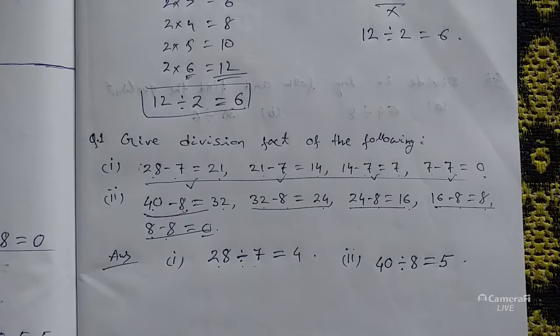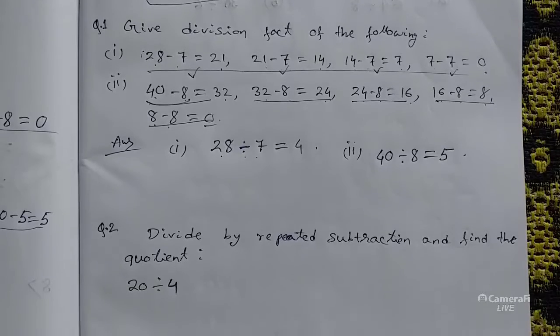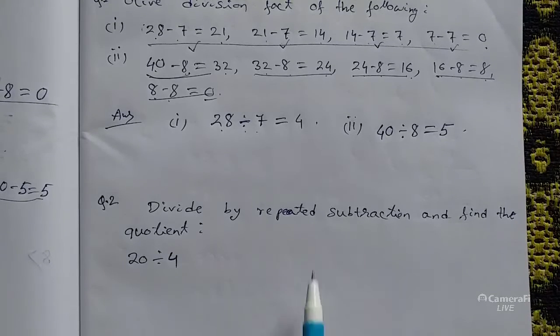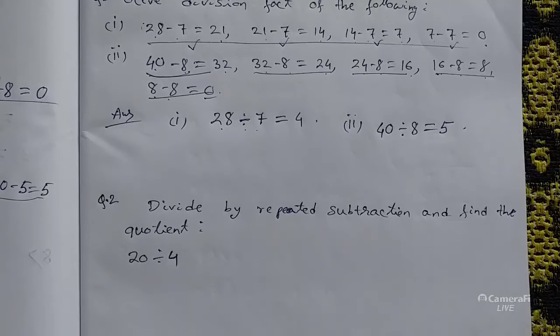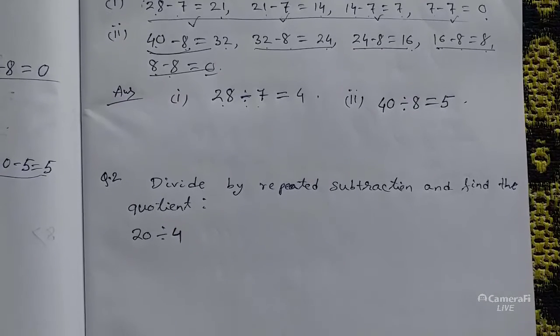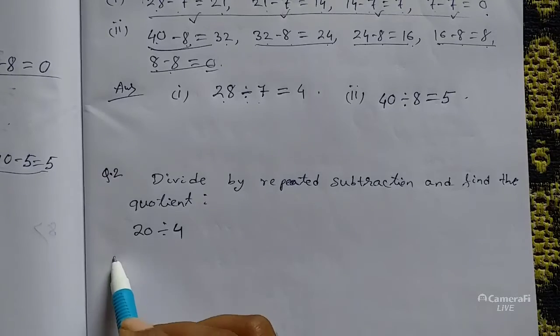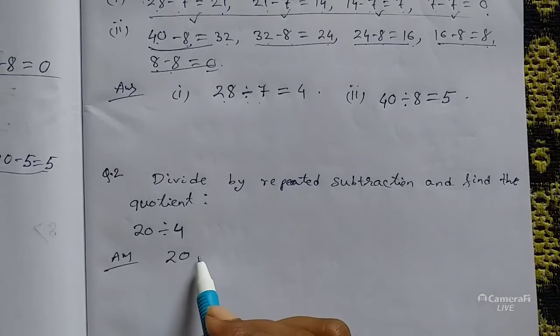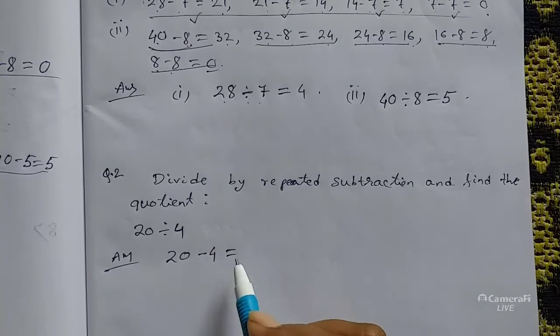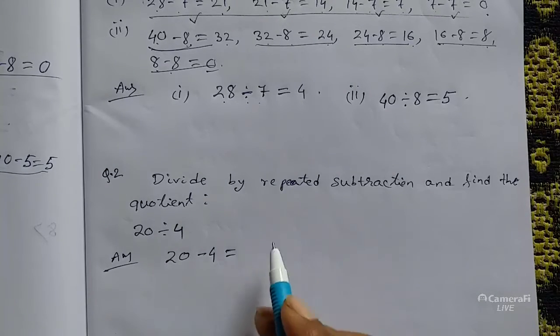Okay. Coming to second question. Divide by repeated subtraction and find the quotient. Here we have to show the subtraction method to find the division. So start with 20 minus 4, we will subtract 4 every time. 20 minus 4, 16.